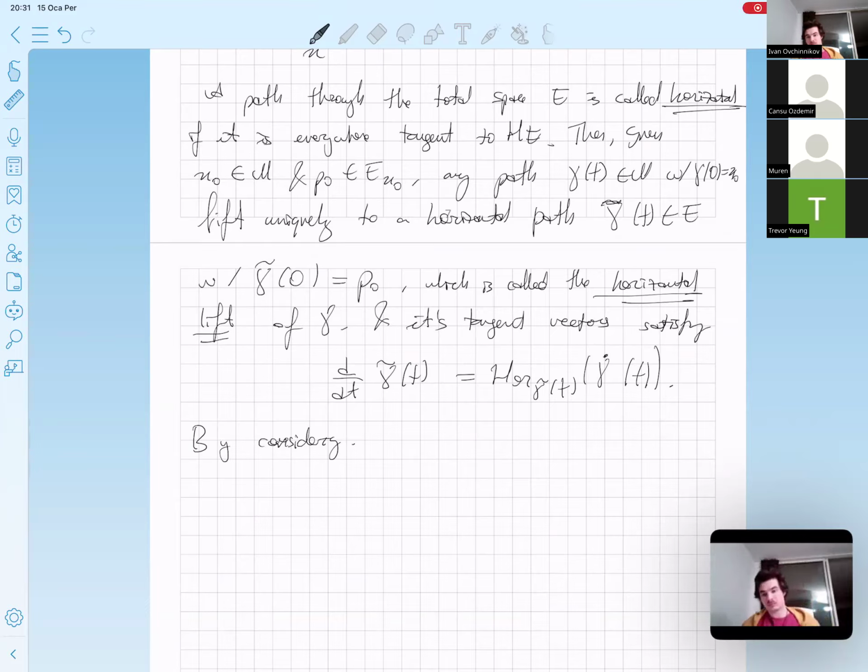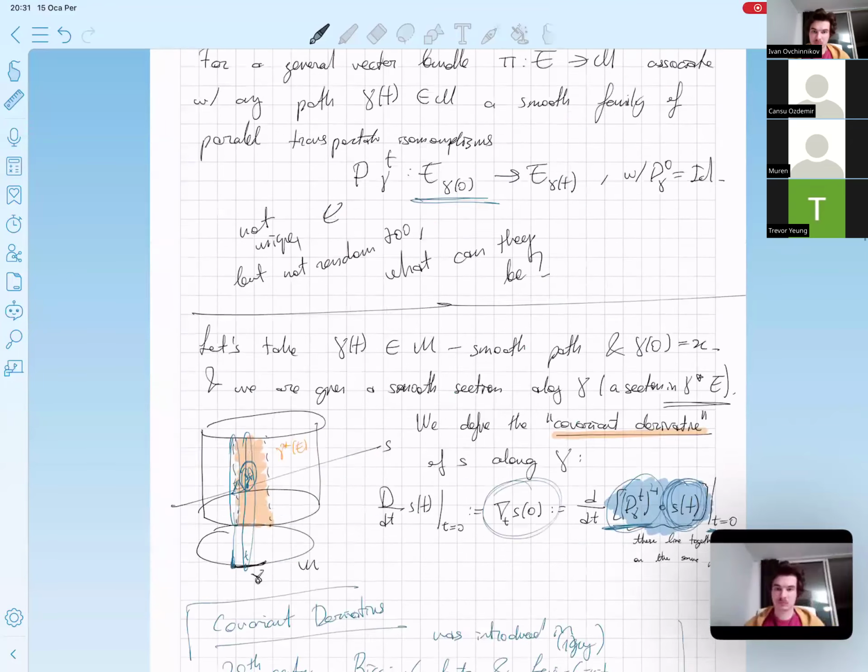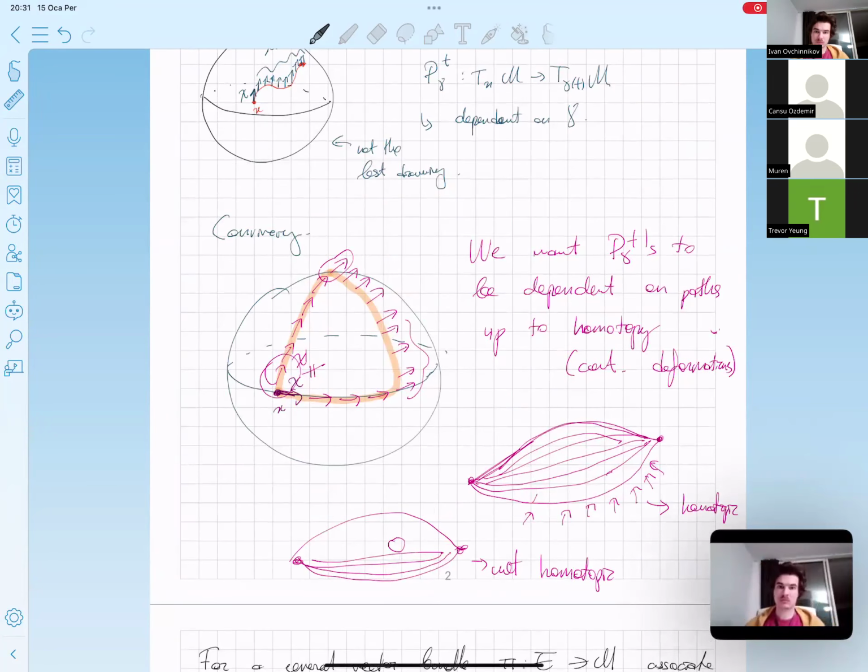Because imagine the sphere example. If you had only been looking at the horizontal lift of the path, then you won't have a path like this, and you wouldn't have this problem. Because this whole problem appears because you're translating parallel relative to your manifold.